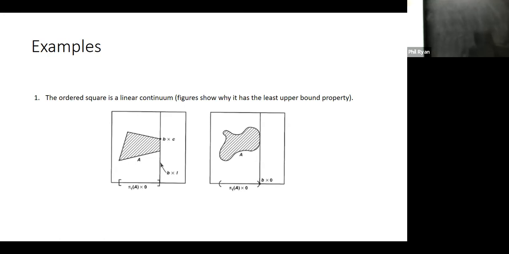Then we have some element like this, and so what we can do is use B cross 0 as a least upper bound, because it couldn't be any other element, because if it was like a B prime cross C, for instance, then B prime would have to be less than B, and we get things which are bigger than it. So we can actually explicitly find least upper bounds. So that shows you it has that property.